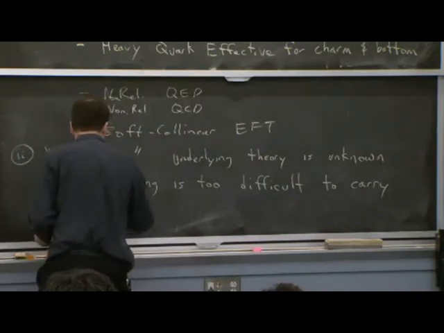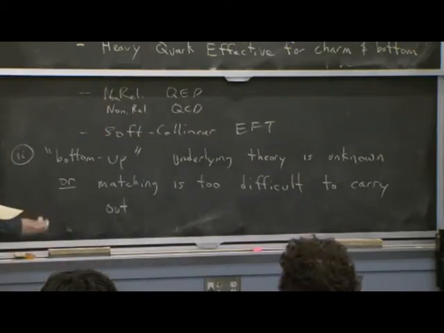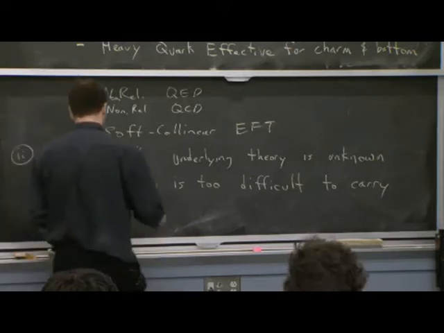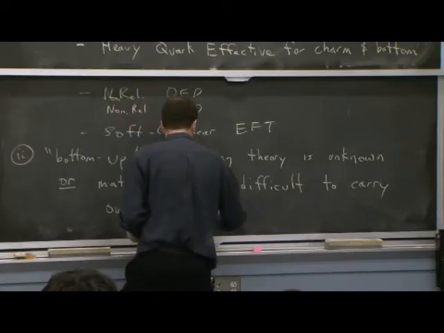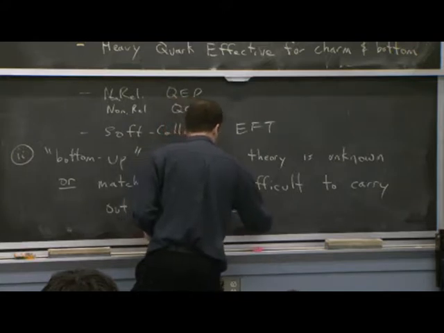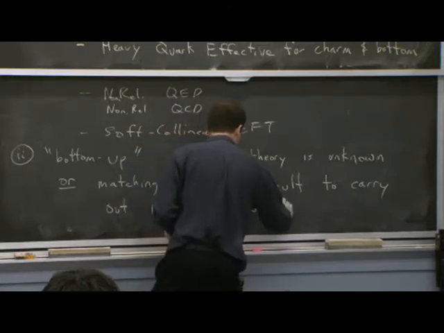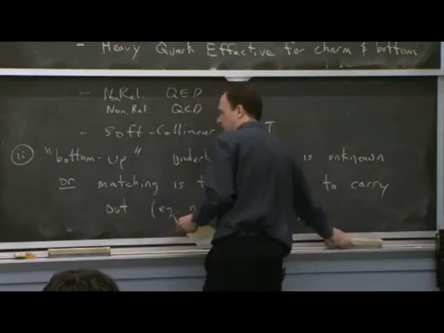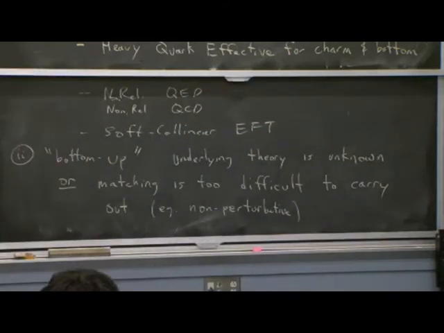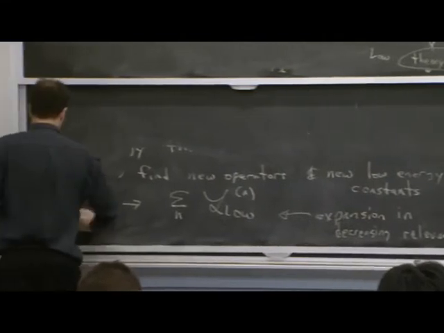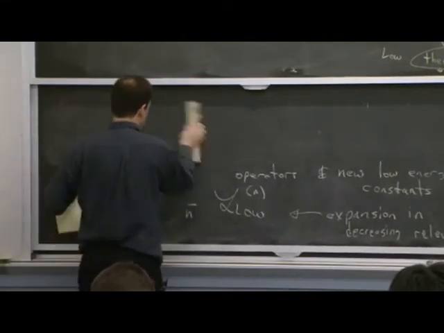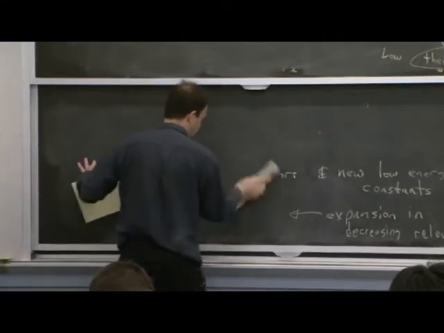So if the matching is too difficult, then you may also want to be thinking in this bottom-up framework, where you really just start by thinking about the low energy theory without worrying about what the high energy theory was, or without thinking too hard about the high energy theory, and in particular without doing calculations in the high energy theory in order to motivate the low energy theory. You may need to know some things about the high energy theory.